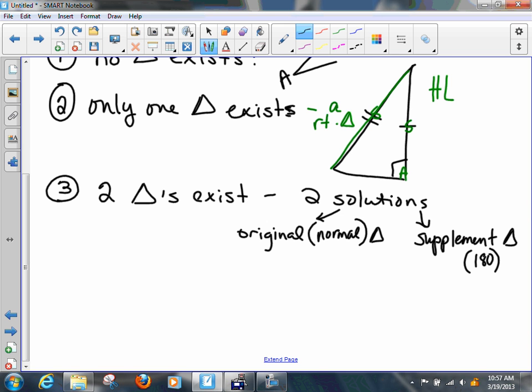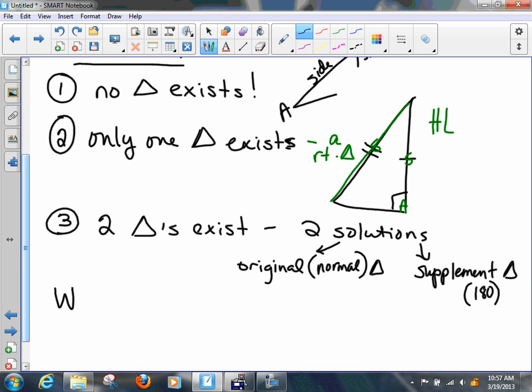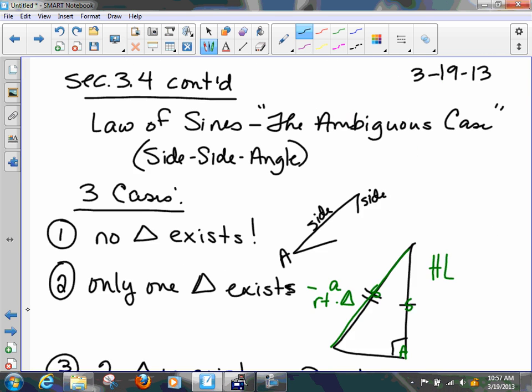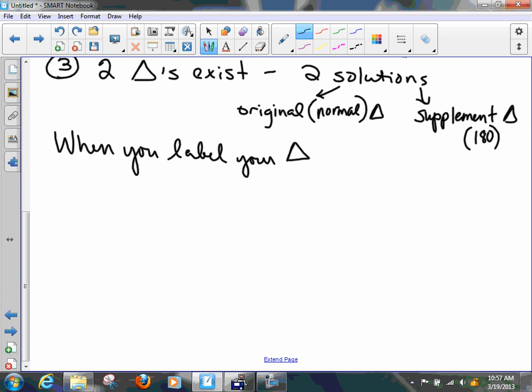I'll just tell you, when you label your triangle and realize you have side-side-angle, proceed with caution.